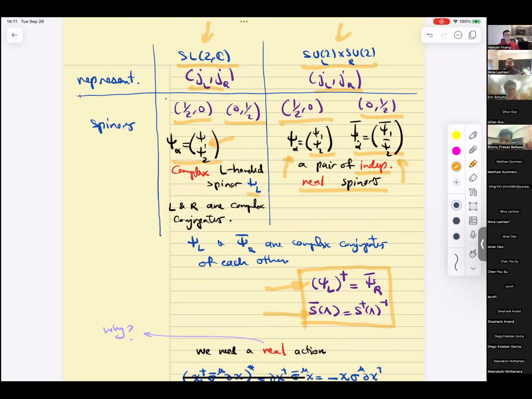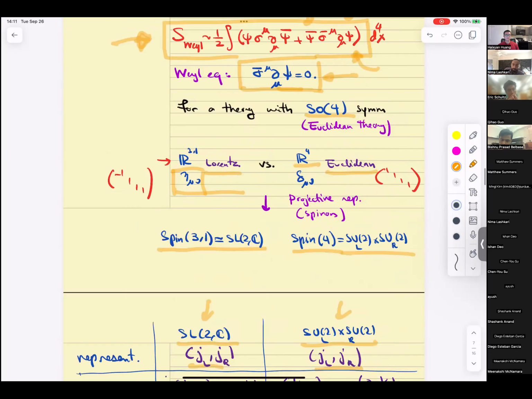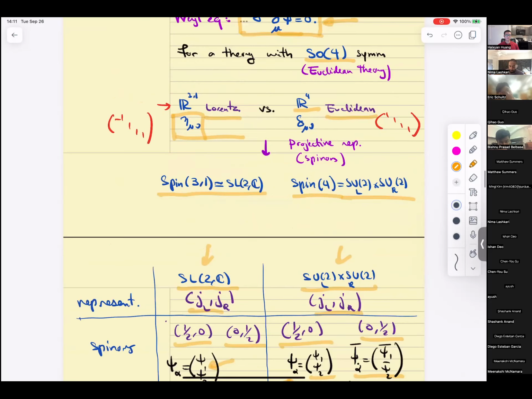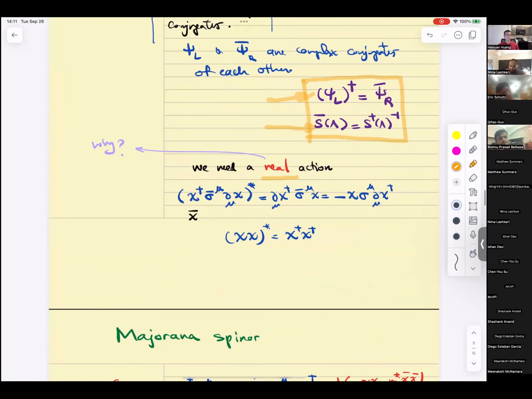All right. We want to write down an action for a Lorentzian theory. The action I wrote down here was for a Euclidean theory. That's no good for us. We want a Lorentzian action. Now, we need an action that's real. Does anyone know why? Why do we need a real action?